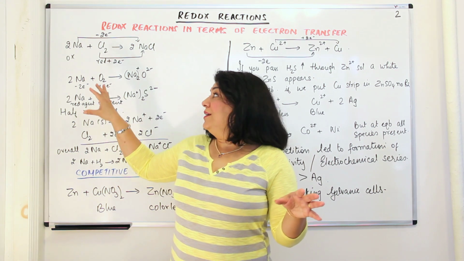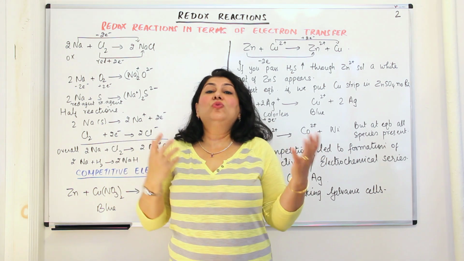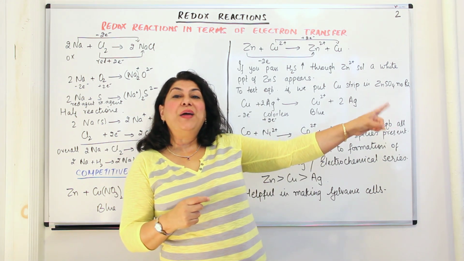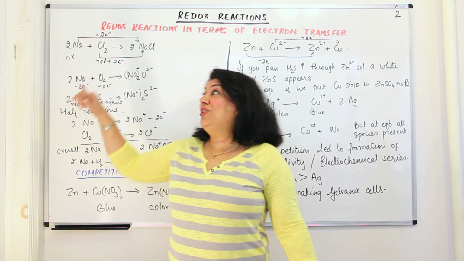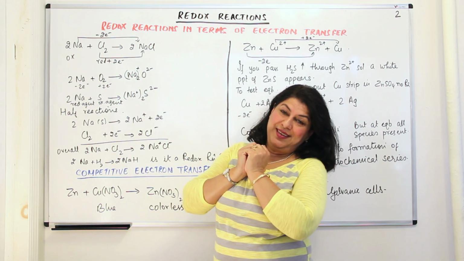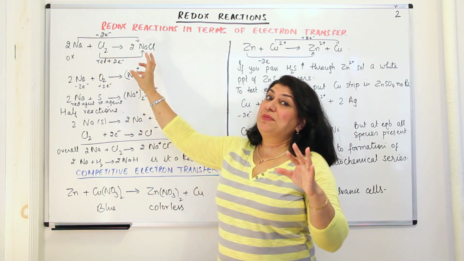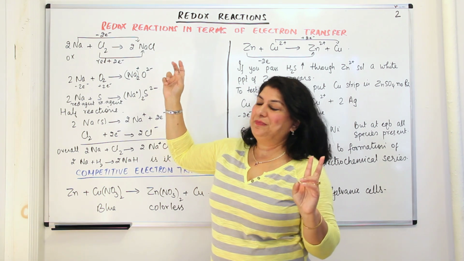So these metallic atoms which lose electrons, they cannot lose electrons unless and until there is a beggar around, and that beggar is the non-metallic atom, the atom that receives the electron. Right? So in this case it is the metal and non-metal. We'll come to displacement reactions where both of them will be metals.